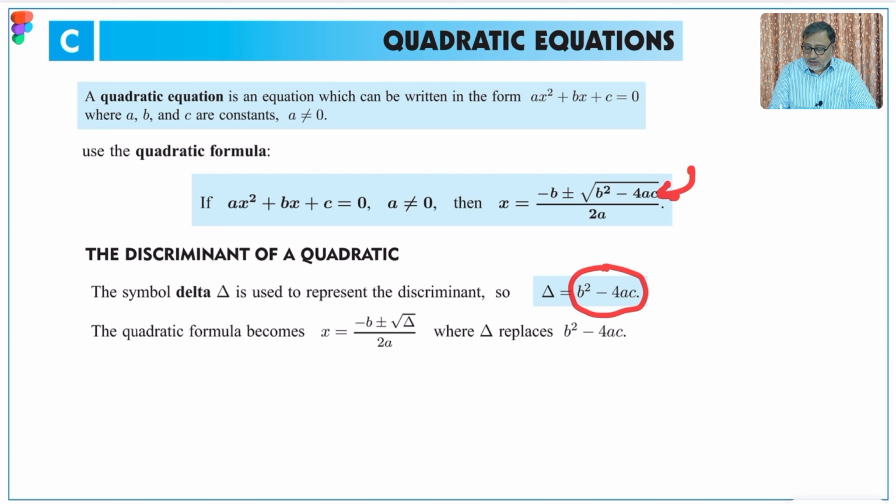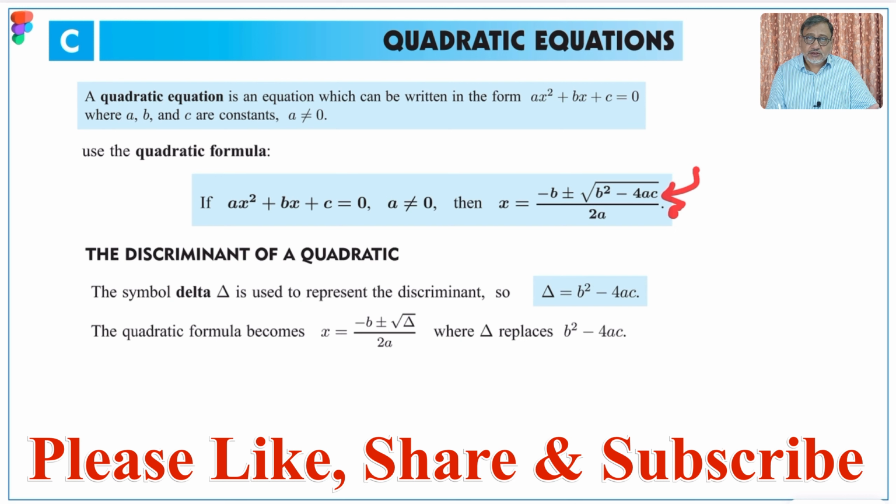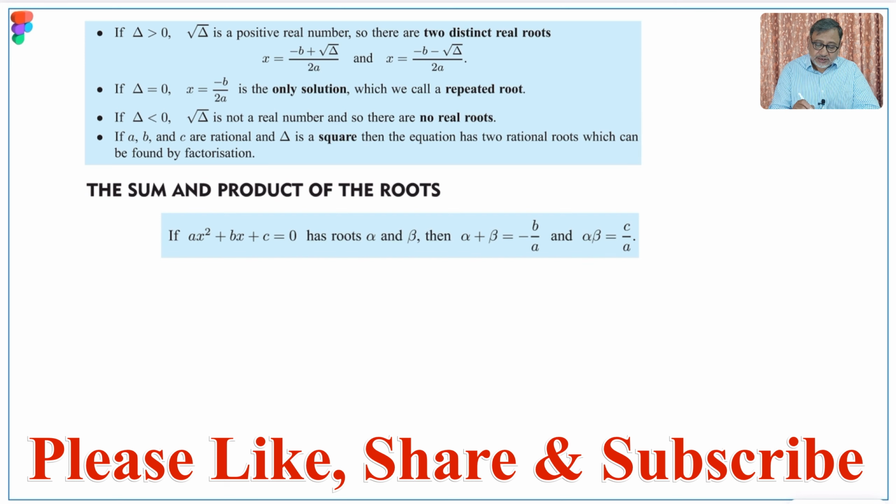If the discriminant is 0, the plus minus part becomes 0 and the two roots will be equal. If the discriminant is negative, then it will no more be a real root, because the square root of a negative number is an imaginary number. You all know about it.